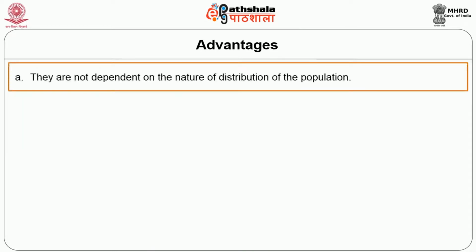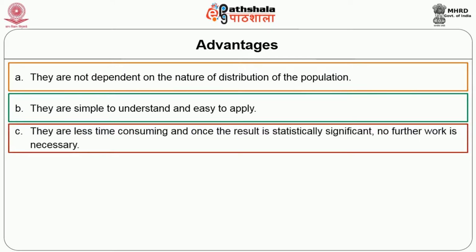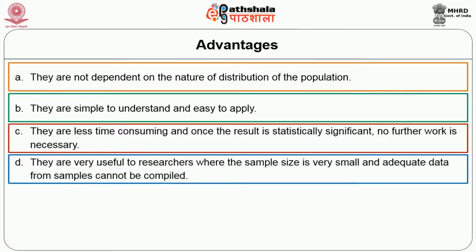The important advantages of using non-parametric tests are: they are not dependent on the nature of distribution of the population. They are simple to understand and easy to apply. They are less time consuming, and once the result is statistically significant, no further test is necessary.